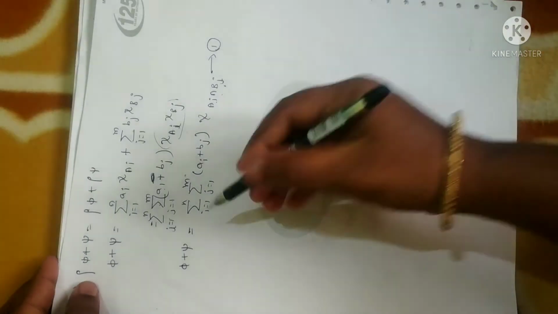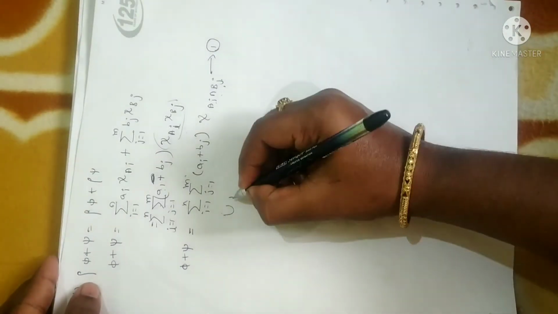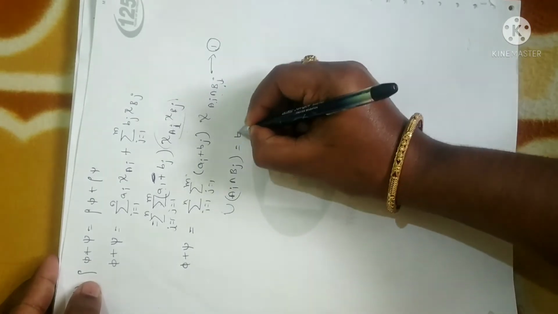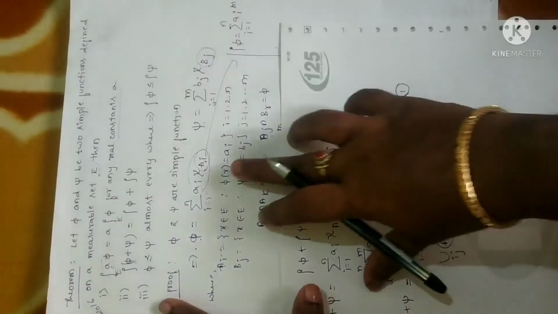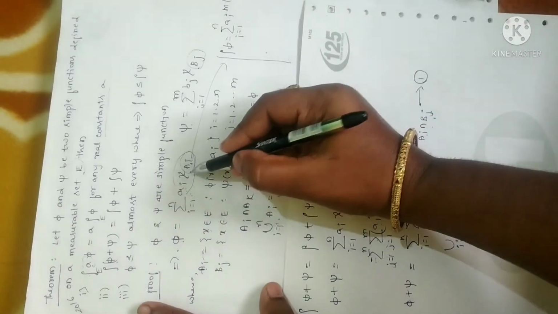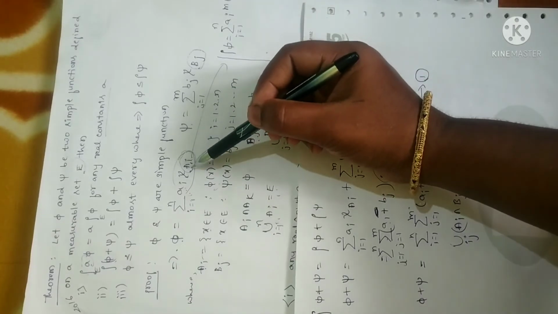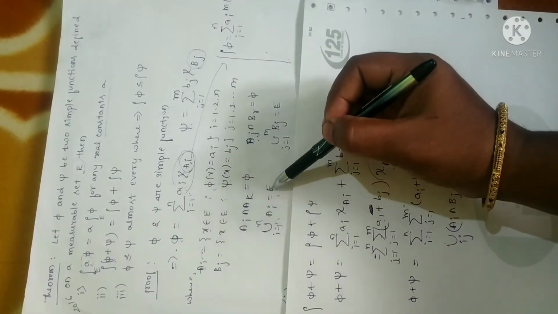So clearly I can express E as the union taken over all the sets. That is what the definition is. Here, in place of Ei in the standard definition, I have ai, so I can write E as the union of all the ai's.